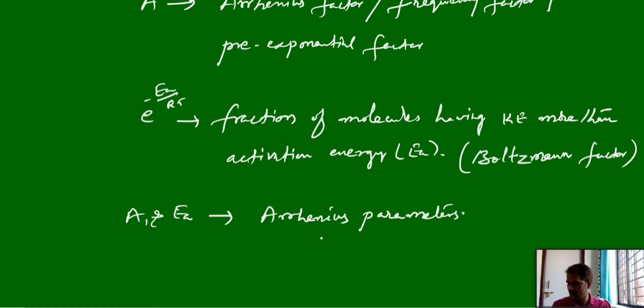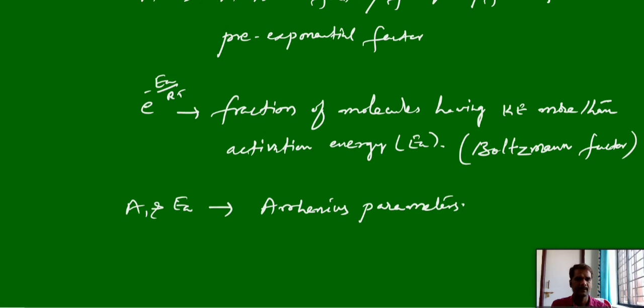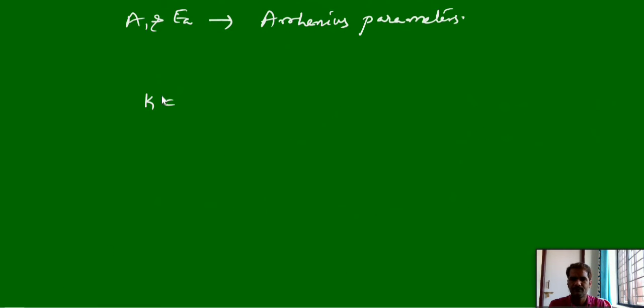So, these are the terms involved here. K is equal to A into e power minus Ea by RT.